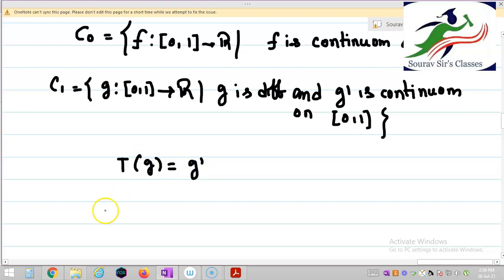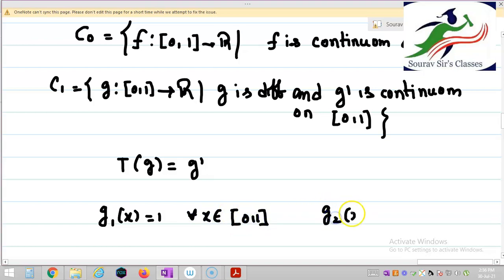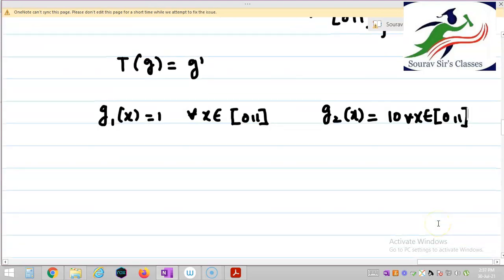So consider g1 of x is equal to 1 for all x belongs to 0 1, and g2 of x is equal to 10 for all x belongs to 0 1. Hence I can say that g1 and g2 are not the same, g1 is not equal to g2.